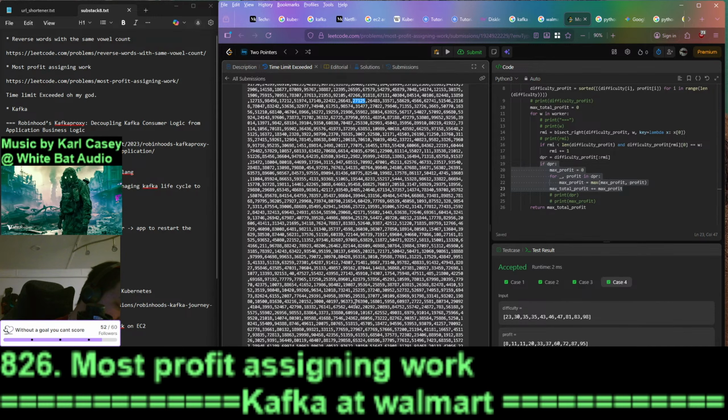So as long as the profit pointer, PP, is still less than the difficulty pointer DP, then we don't have to move the PP, right? So okay, first one is 92.